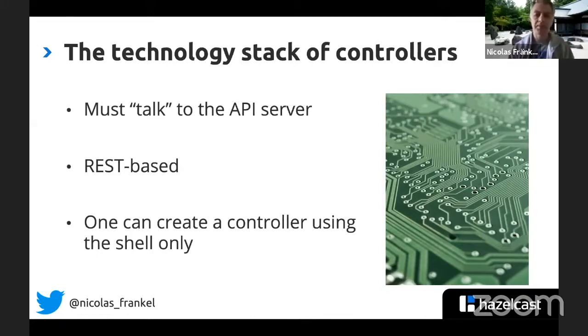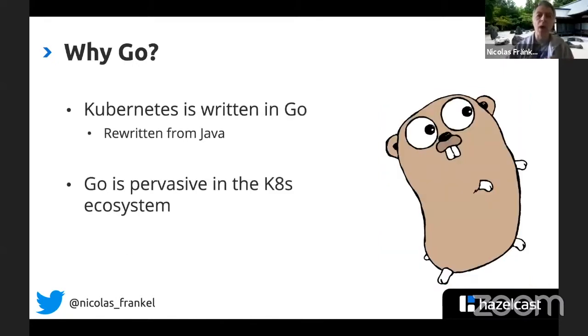So the question now becomes why most of the resources that you see on the internet are so focused on Go. Well, if you know the story of Kubernetes, it was initially written in Java, and then people decided, let's rewrite everything in Go, because Go is much closer to the system, so you can optimize it much better.